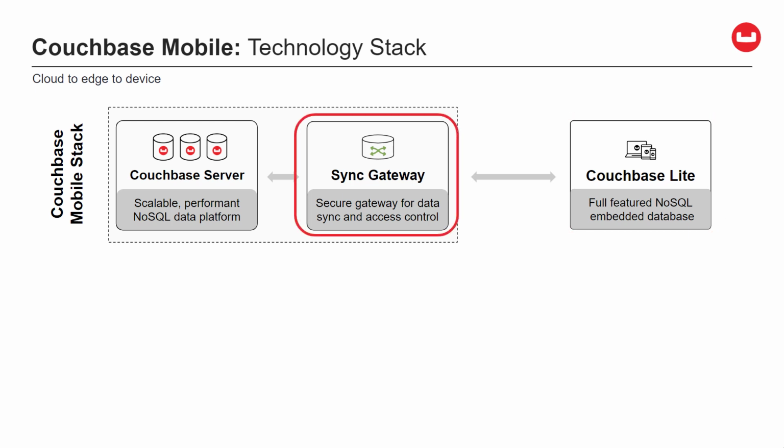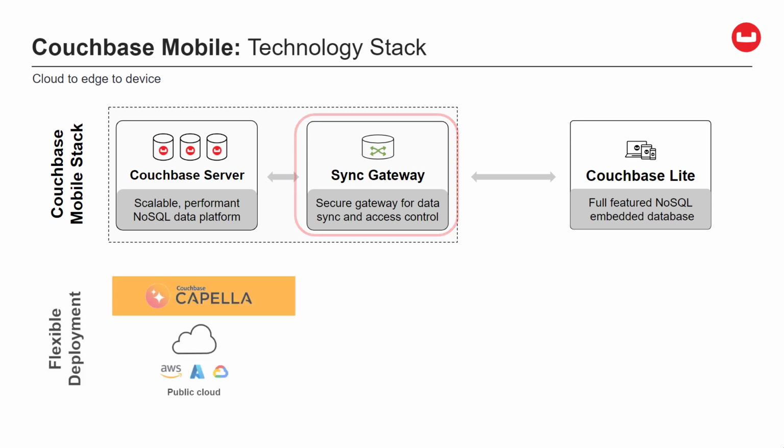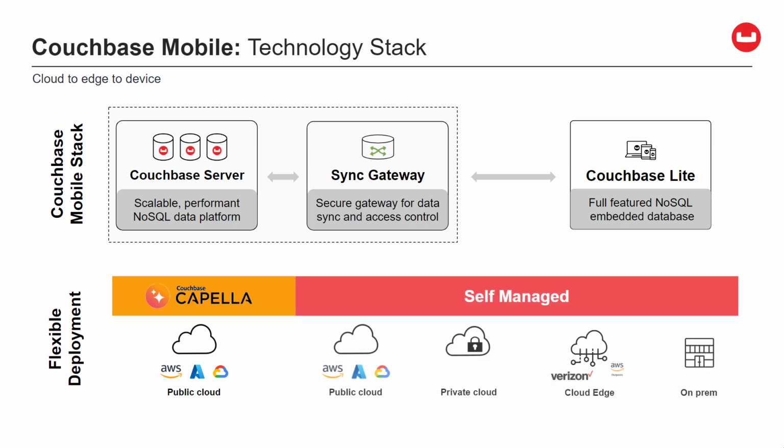And Sync Gateway, which sits in between and is responsible for secure data synchronization, routing, and access control between mobile clients and server tiers. These capabilities can be deployed two ways: fully managed, with Couchbase Capella, or self-managed, where customers install Couchbase themselves on public or private clouds, on a cloud edge service, or on-premises.